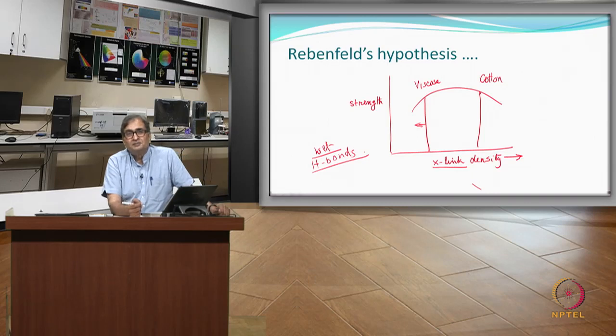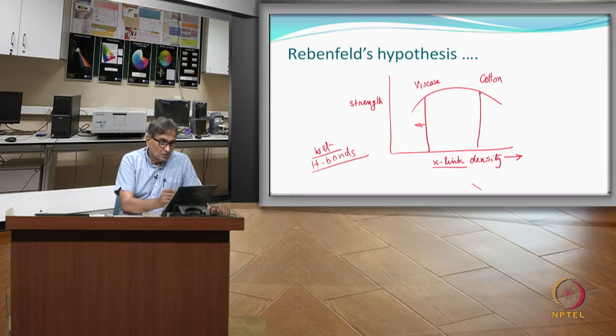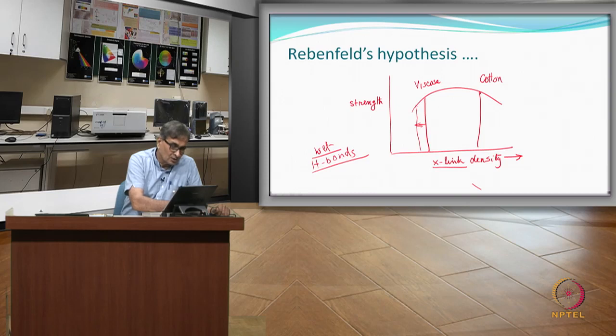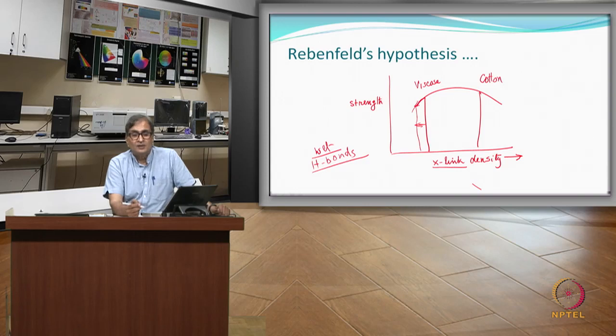Okay. So, if hydrogen bonds break, the crosslink density goes down. So, according to this curve, viscose strength is going down.